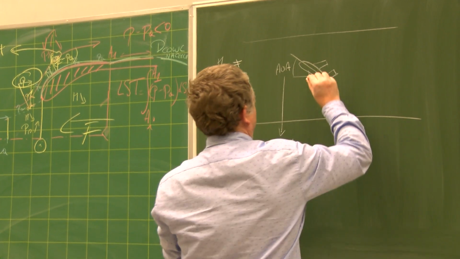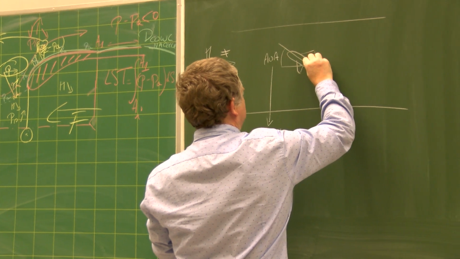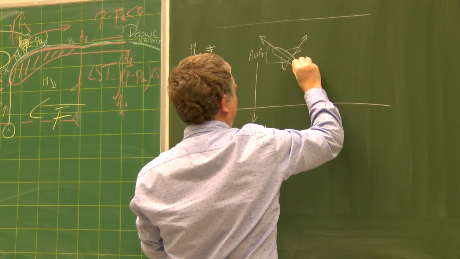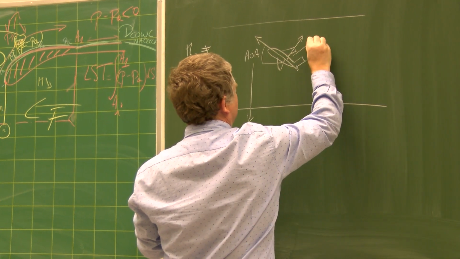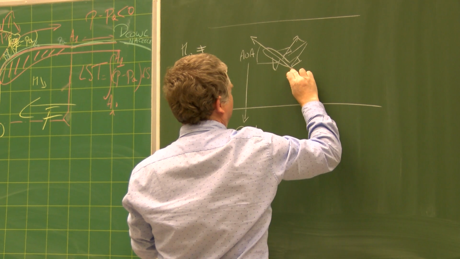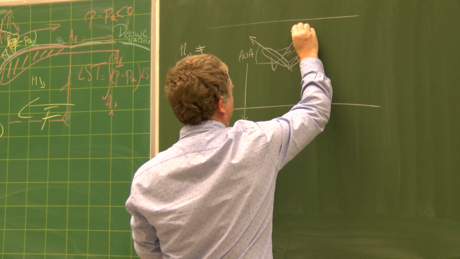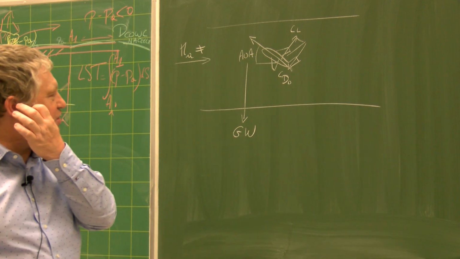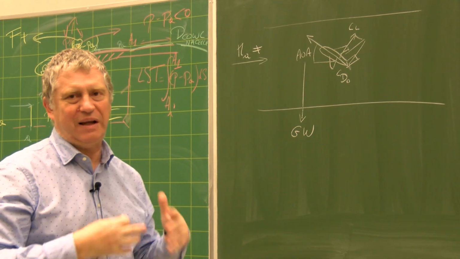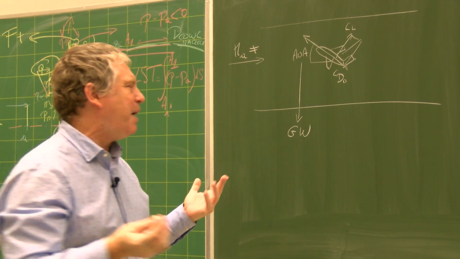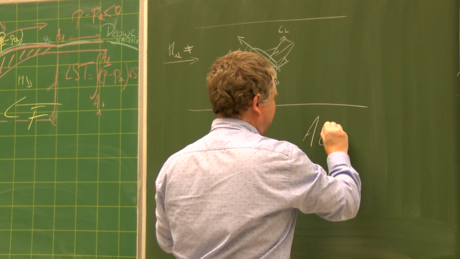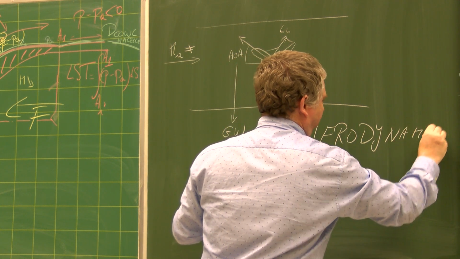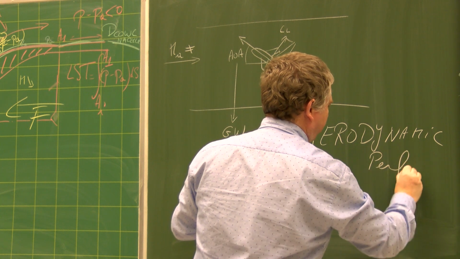And like this, so with a certain speed that you have, you will define a certain lift and a certain drag. And so you will be able to define the CD0 and the CL. And so you will extract from there some, let's say, aerodynamic performances.